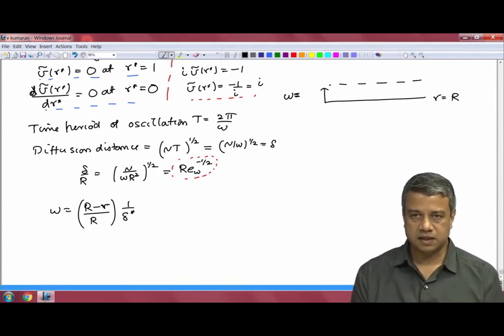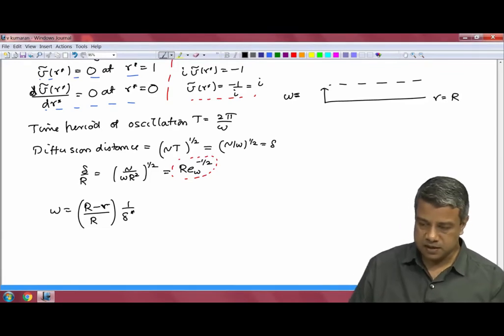So, basically this thin region close to the wall, I am dividing it by a small number here.